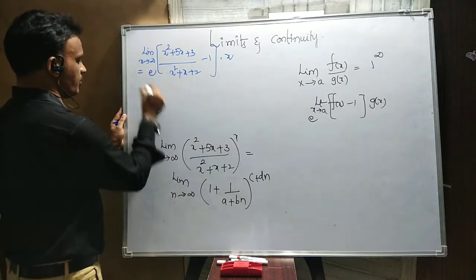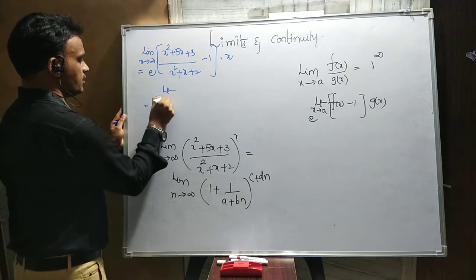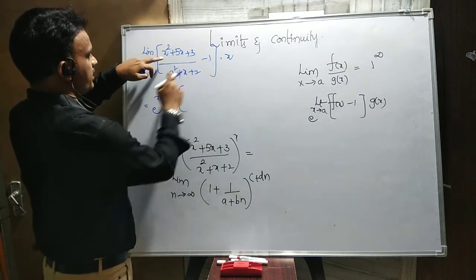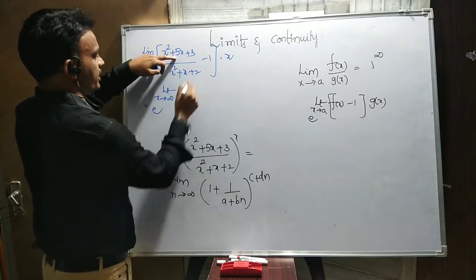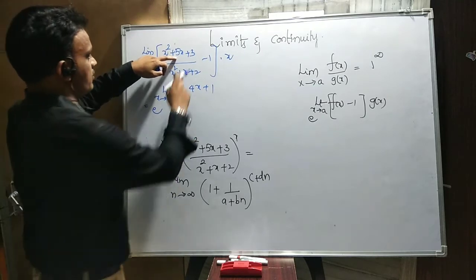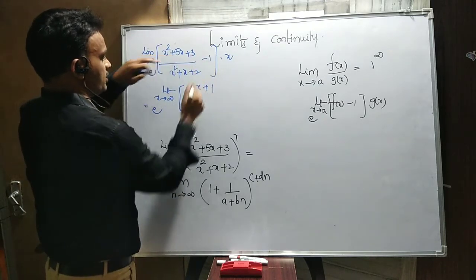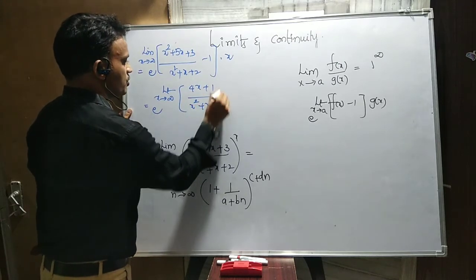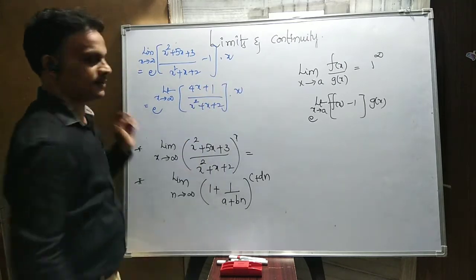After simplifying, x square minus x square gets cancelled, 5x minus x is 4x, 3 minus 1 is 2, so 4x plus 2 by the denominator x square plus x plus 2, times x.